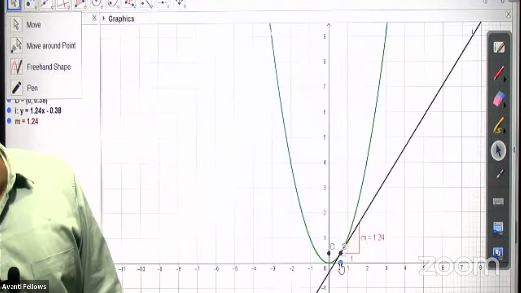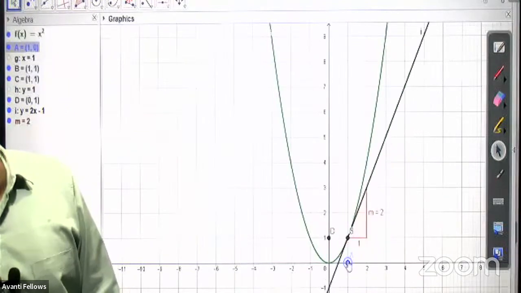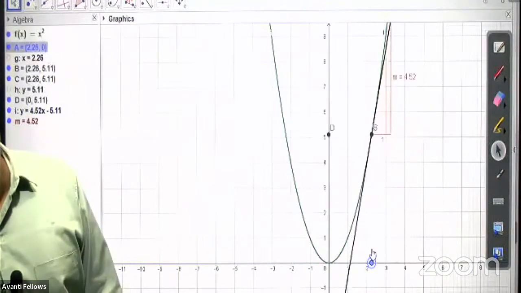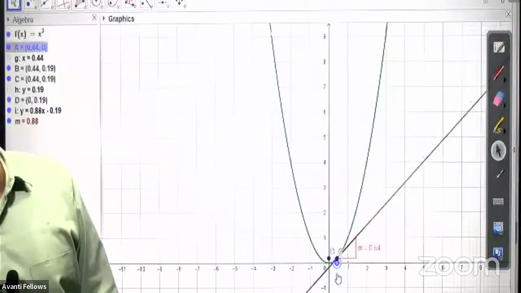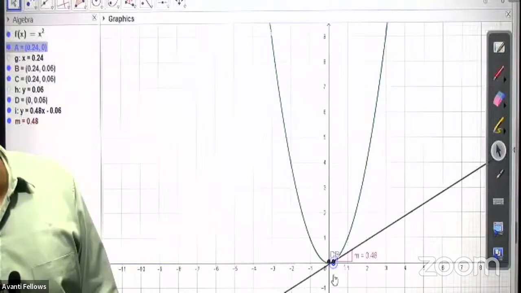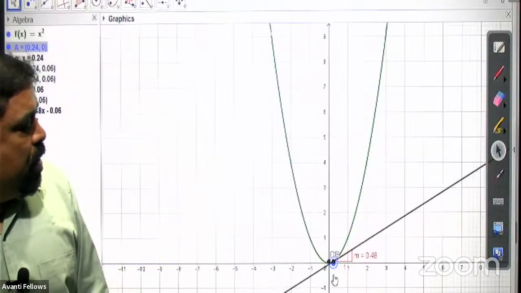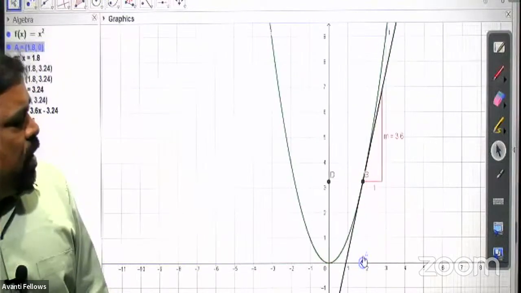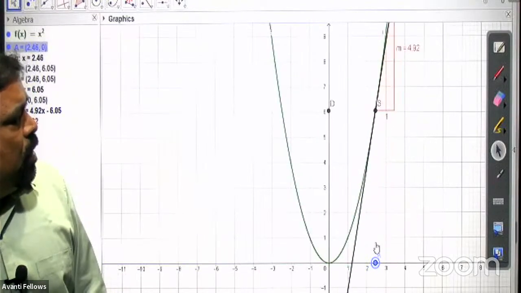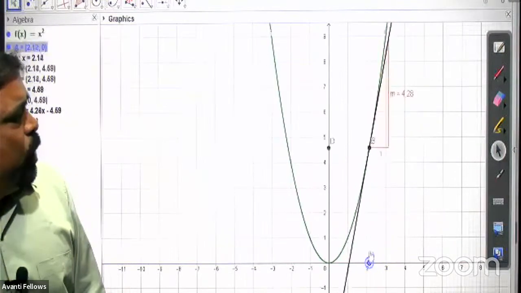That is on the positive side, the positive domain. Now everywhere you see the value of the slope. Just greater than 0 also, the slope is now 0.48, then 0.8. So everywhere in this interval, the slope is a positive value.